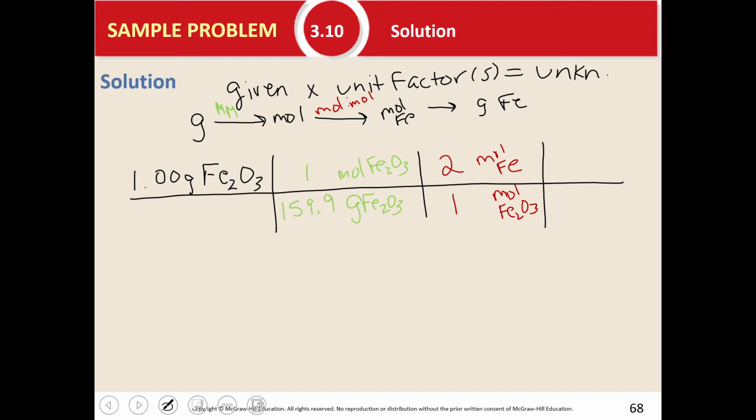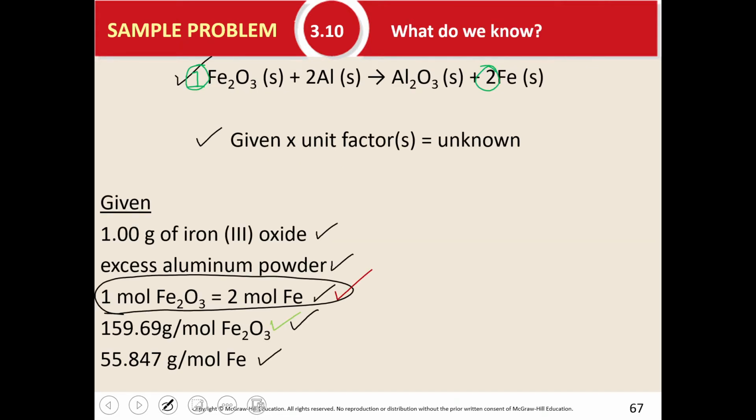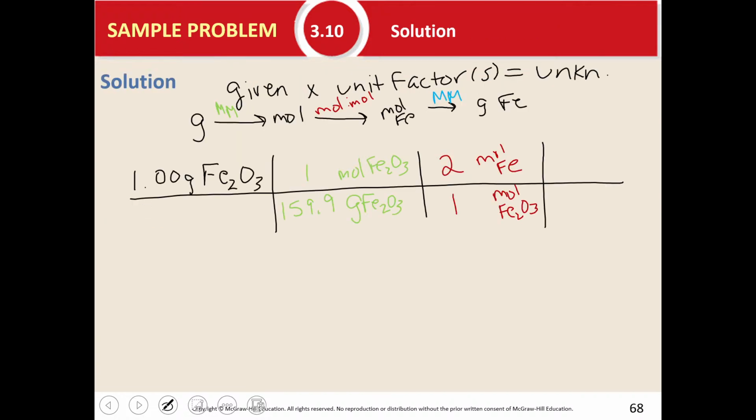So I again am going to use the molar mass, this time of just iron, which I've looked up on the periodic table and I can see that it's 55.847. Put it in the wrong spot.